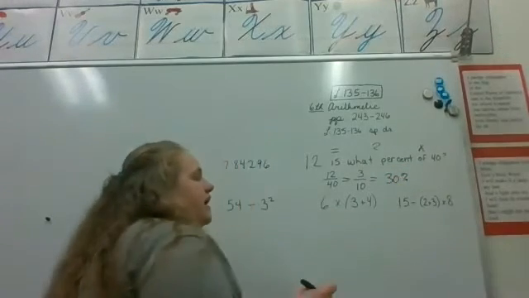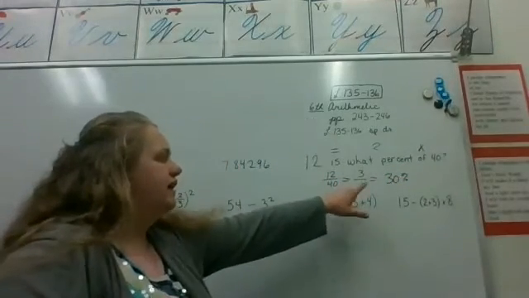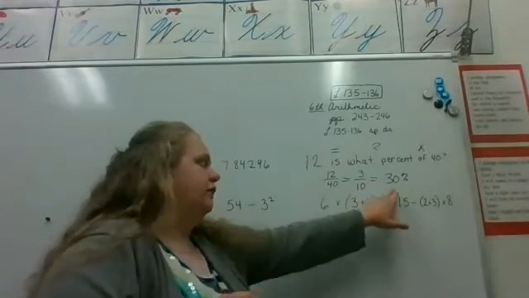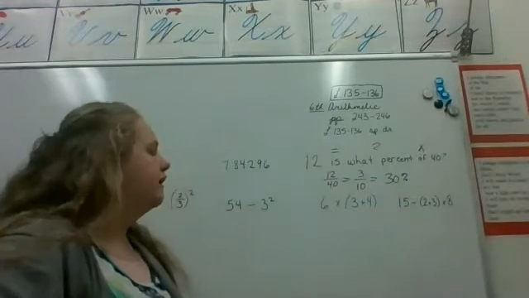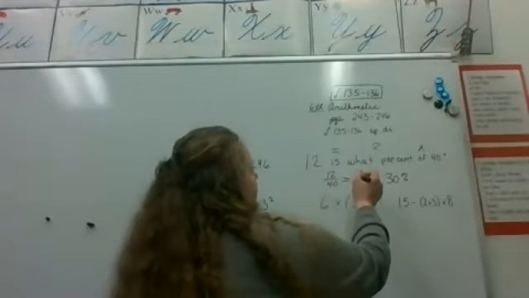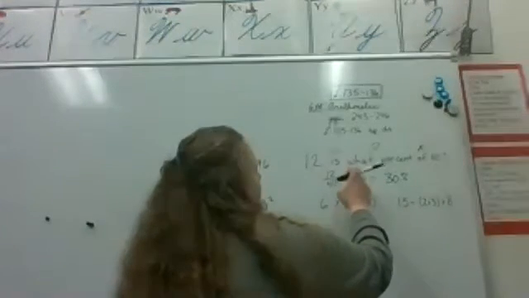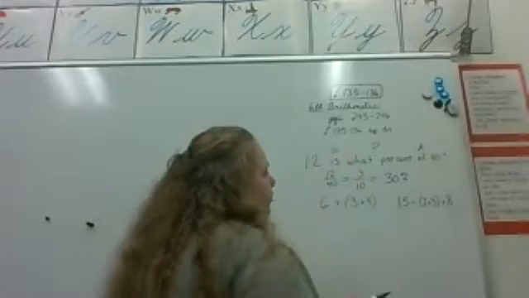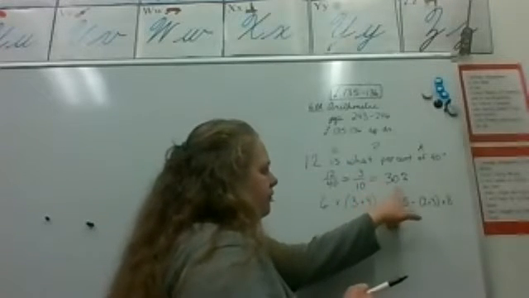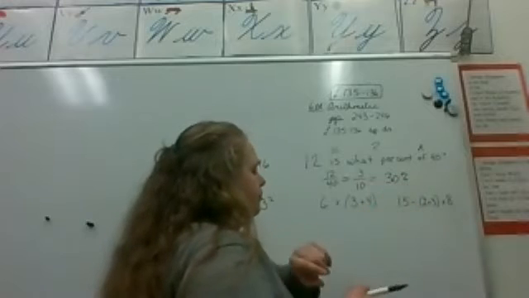So anything over 10, a single digit over 10 is that plus 0%, so 30%. We turn it into a decimal first and it's 0.3, and then we change it to percentage and it would be 30%.